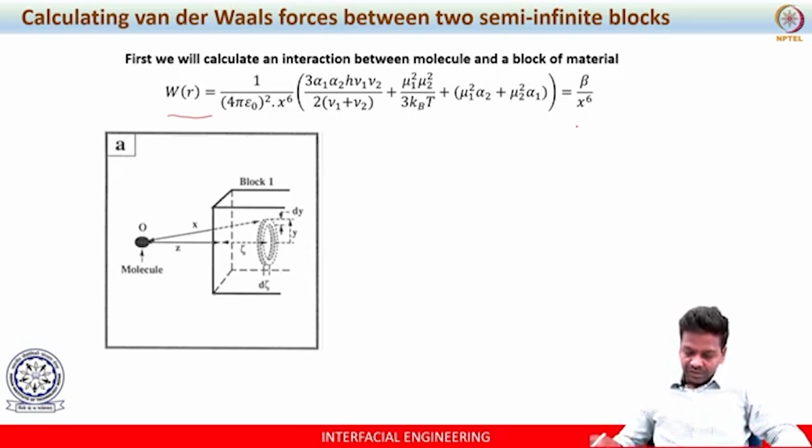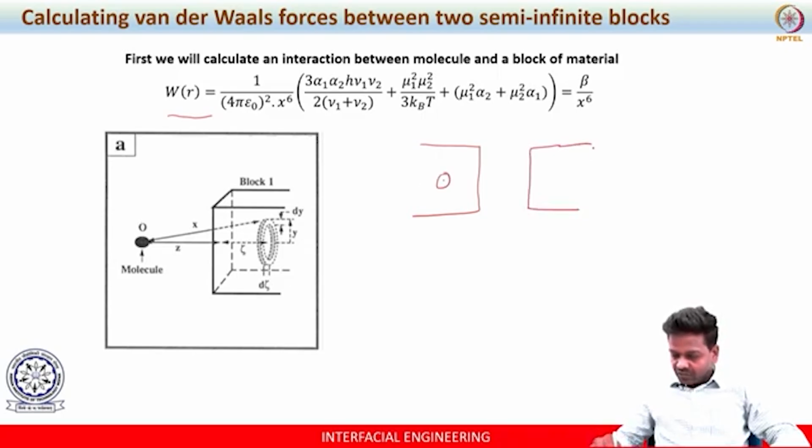So the first approach will be, you have two blocks. First we will look at one molecule from here, and then we will consider, in a region of space, a small control volume, which is a ring shaped control volume. If we consider this tiny control volume, in this ring shaped control volume you will have several molecules.